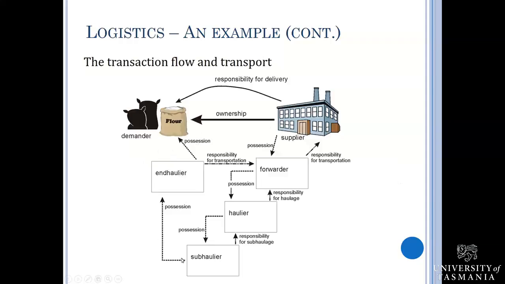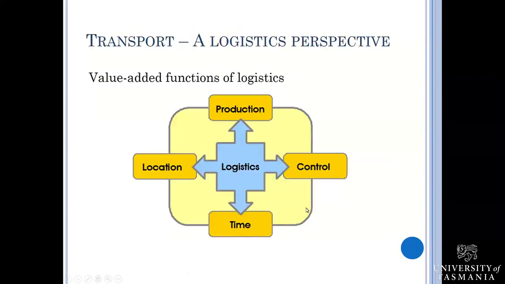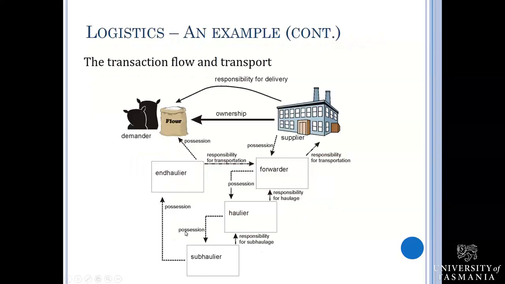Now, what we want to look at is transport. Look at the transport component here. It can be very complicated, or it can be easier, fairly straightforward, just involving one transport operator between the processing factory and the buyer.